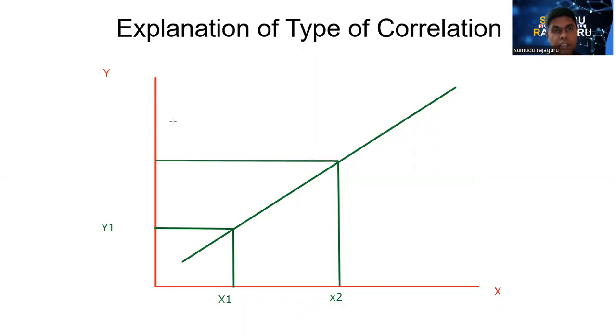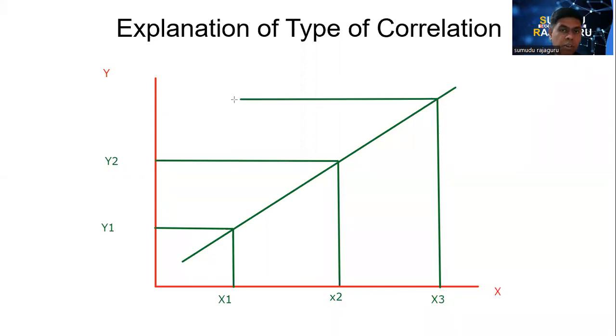Then the particular y value is y2. Likewise, we'll take another point also. This is the particular x-axis related value x3. When I project that intersection point onto the y-axis, the particular y value is y3.